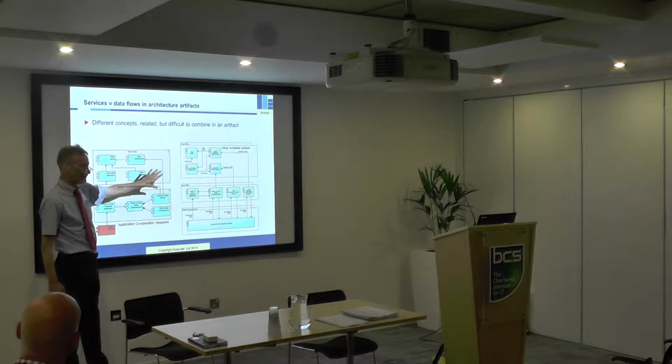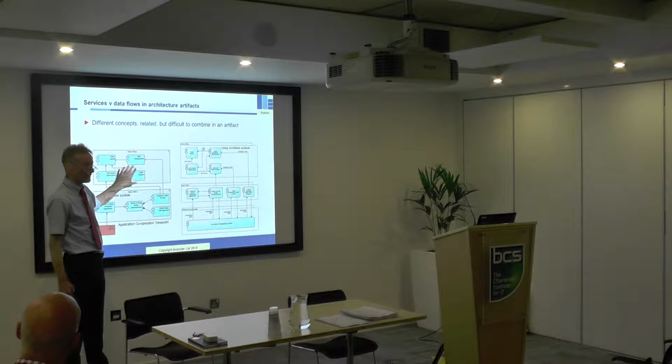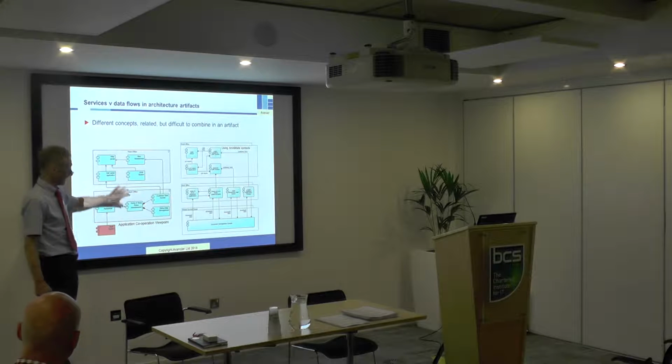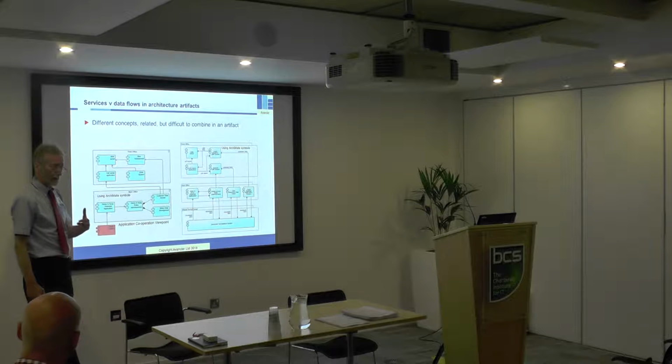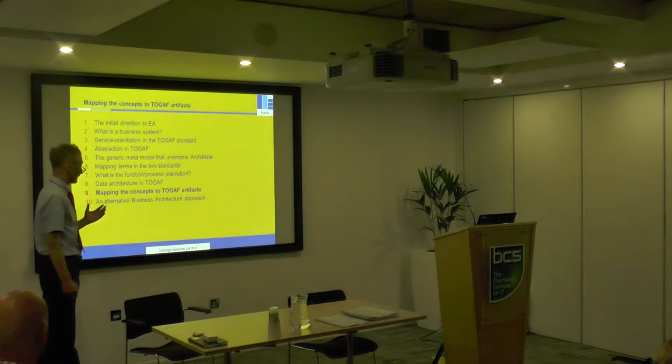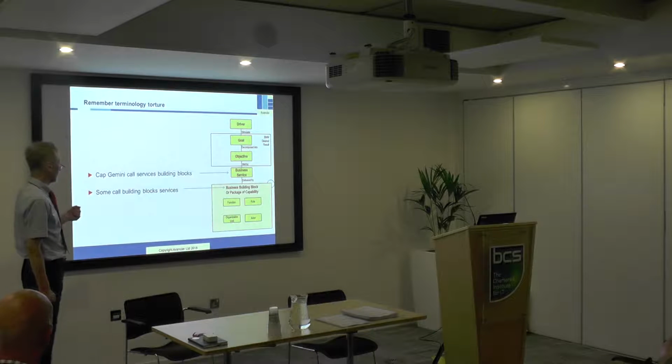You can't really practically combine these two. You have to choose one or the other. And to show the individual services in a diagram is actually quite tricky. So we've got multiple ways. Our problem is not a shortage of ways of capturing requirements and documenting things. We've got far too many ways of doing it.